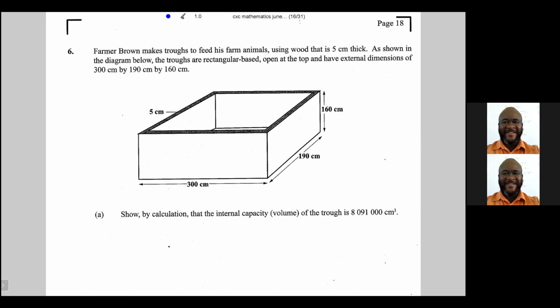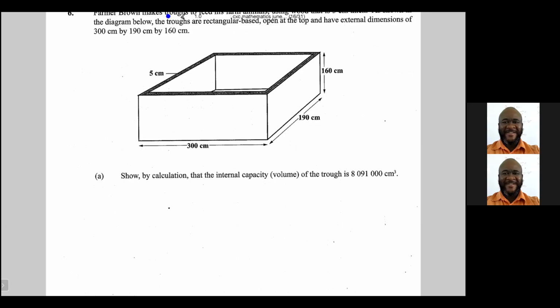8,091,000 centimeters cubed. All right, first of all, it's a cuboid, so the capacity, which is the internal volume, would be equal to AH.